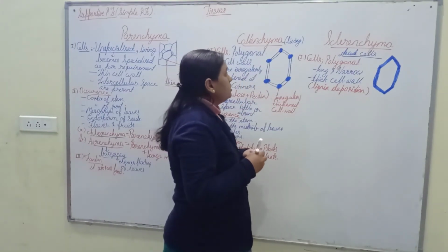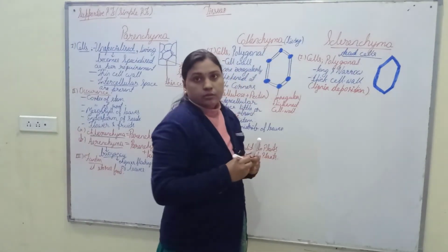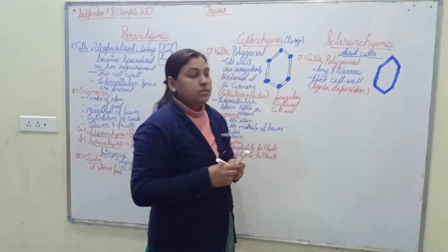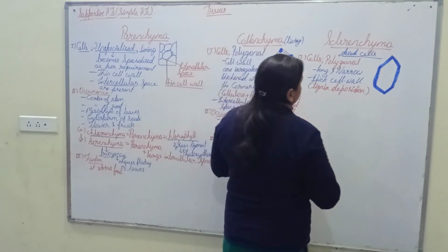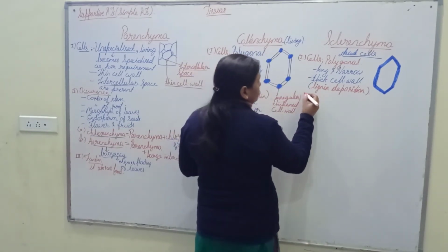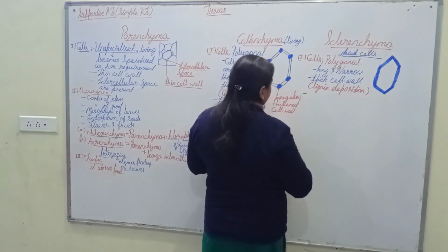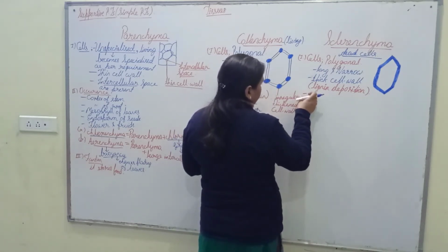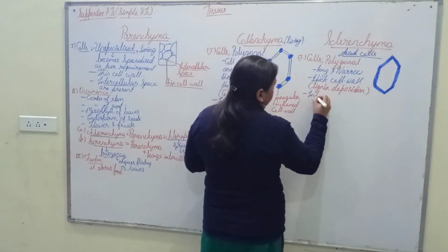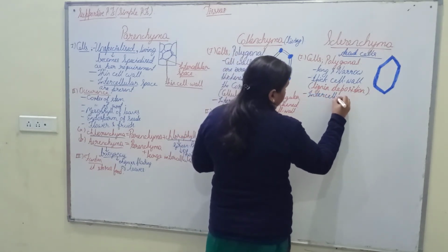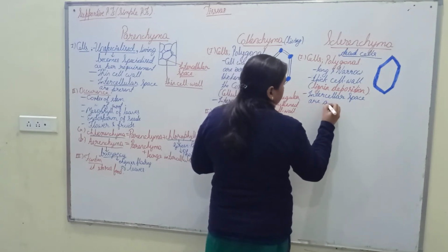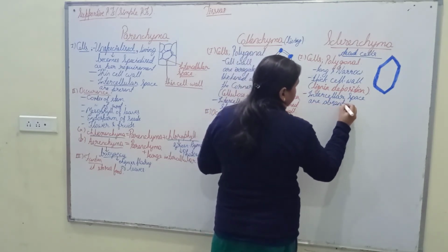So sclerenchymatous cells are polygonal, long and narrow and have a thick cell wall. This thick cell wall is due to the lignin deposition, and intercellular spaces are absent in case of sclerenchymatous cells.